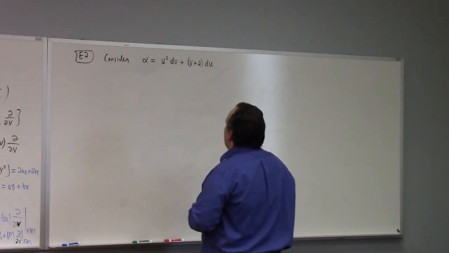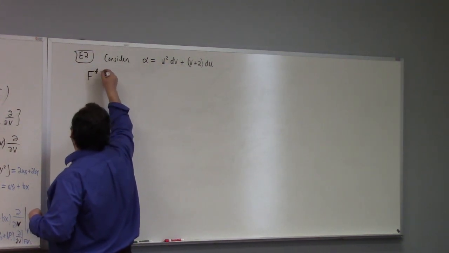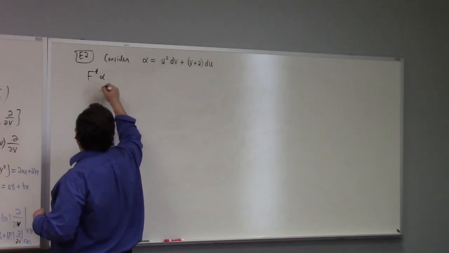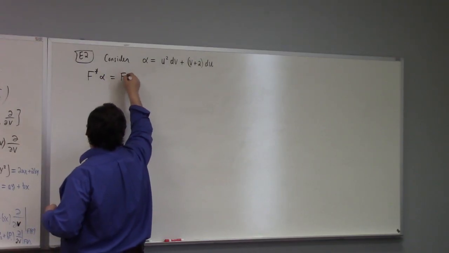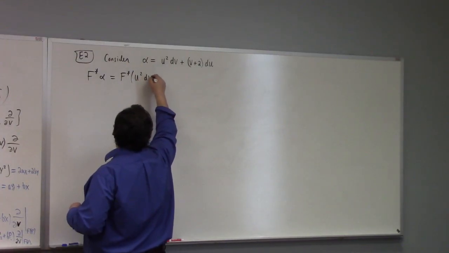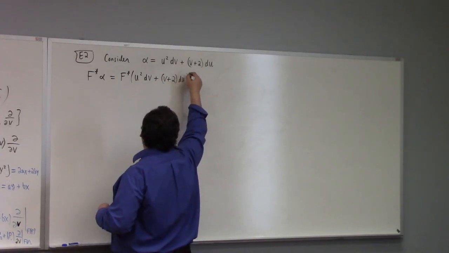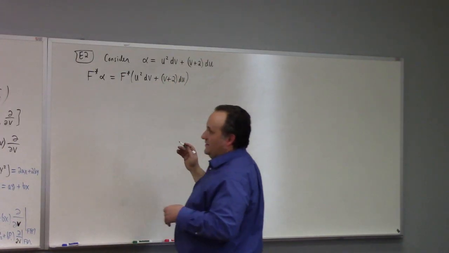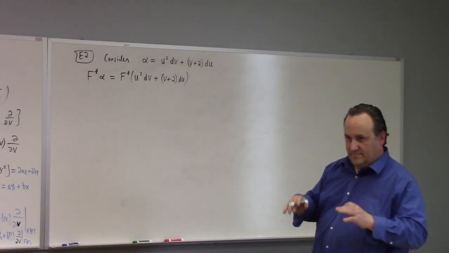All right. Let us calculate the pullback of alpha, where f is the mapping previously given, right? So we're calculating the pullback of u squared dv plus v plus 2 du. And what I told you guys is we're not going to use the definition. We're going to calculate by the properties. It's just the best way.